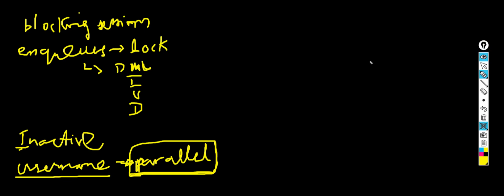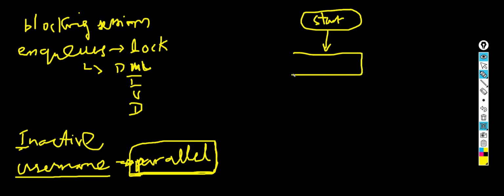Okay, so here we start the script. Then what we have to do, first we need to check whether the database is running or not, right? So if the database is not running, then there is no point in killing those sessions.